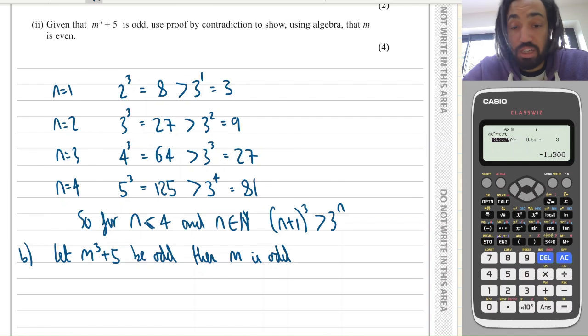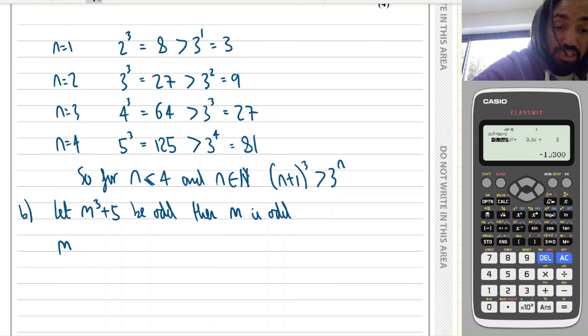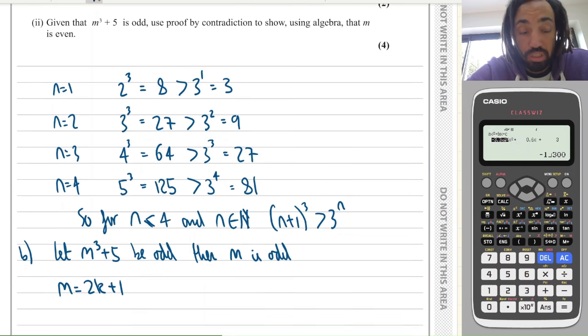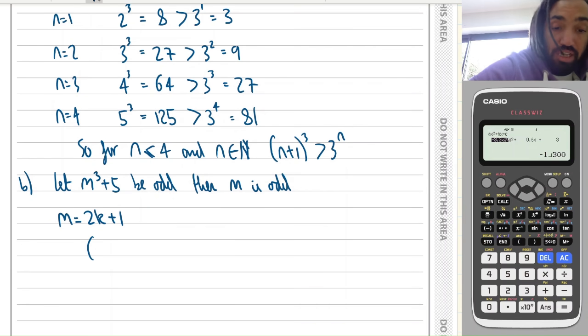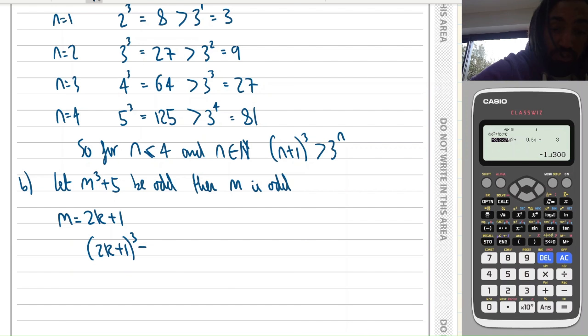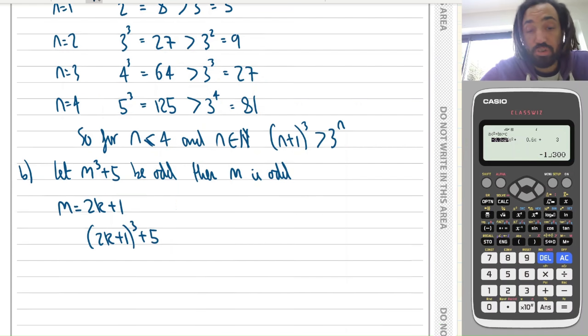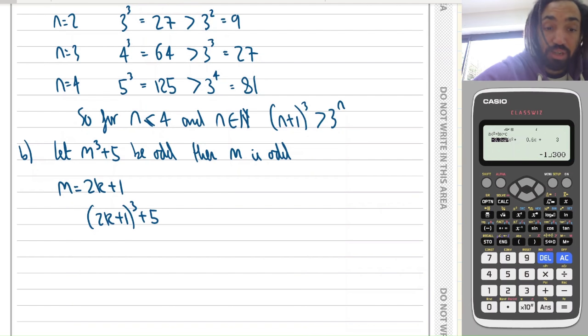Okay, so let's try this to see if this works. So let m be 2k plus 1, because we're saying that m is odd. Let's then cube it and add 5 to it. Now if I'm going to cube this, let's use the binomial expansion here. So I'm going to have 1, 3, 3 and 1.